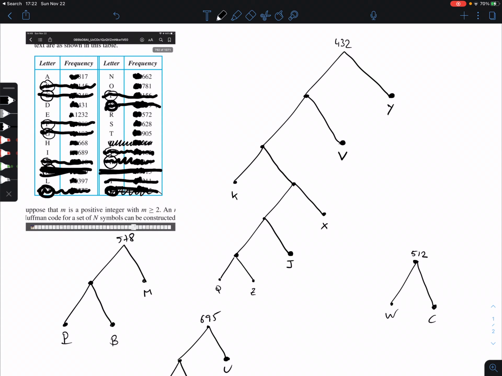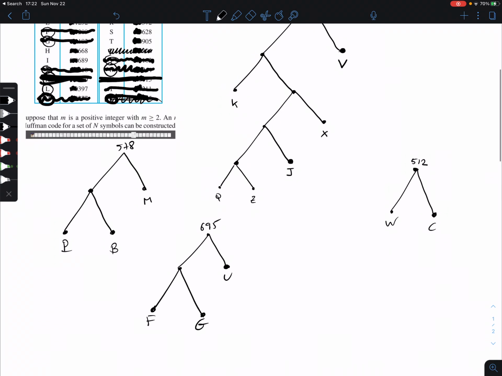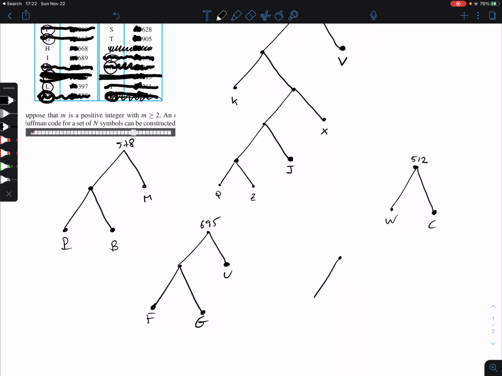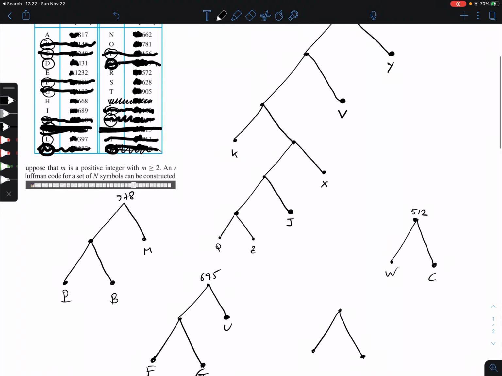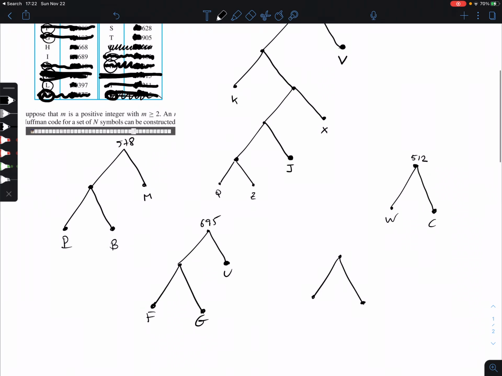There is D, and there is also this tree all the way on top, but D is actually slightly less, so it will be L together with D. Okay, so this will be a new tree. L is 397, that is less, so here's L and D goes there, and then we add them up.